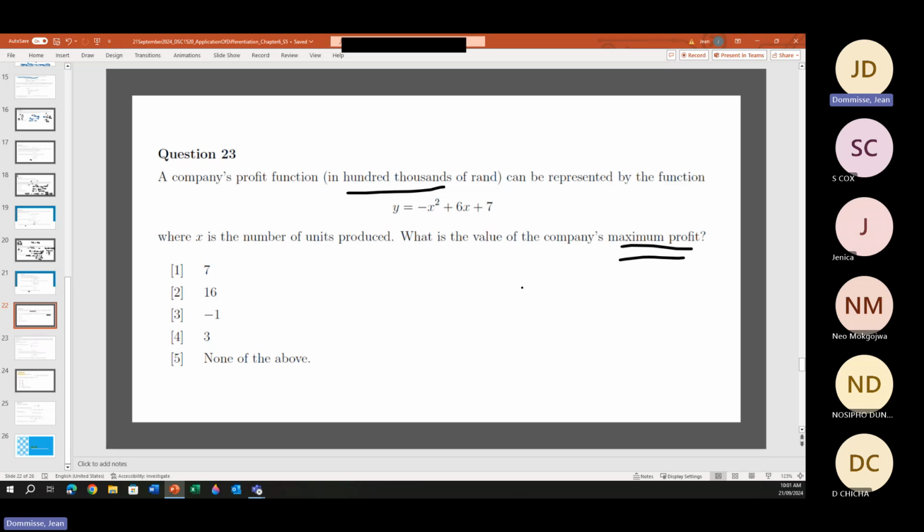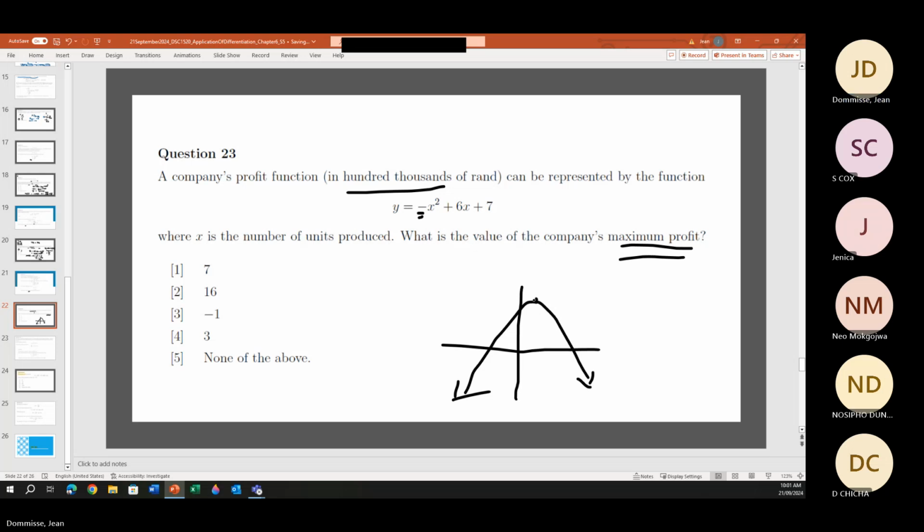If we would have drawn this just quickly, and I might be totally wrong where it crosses, it goes down because that's negative. So that is 7. Somewhere here we have a maximum profit.